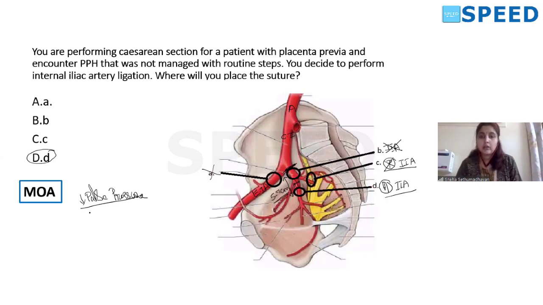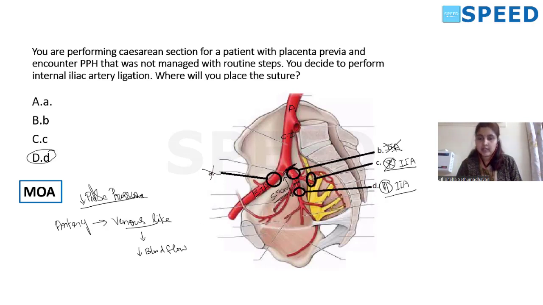Blood is flowing at a very fast rate. By placing this ligature, what you are potentially doing is converting this artery blood flow into venous-like blood flow. You're slowing down the speed with which the blood is flowing. So that is called decrease in the pulse pressure. Which in turn will decrease the blood flow to the uterus.